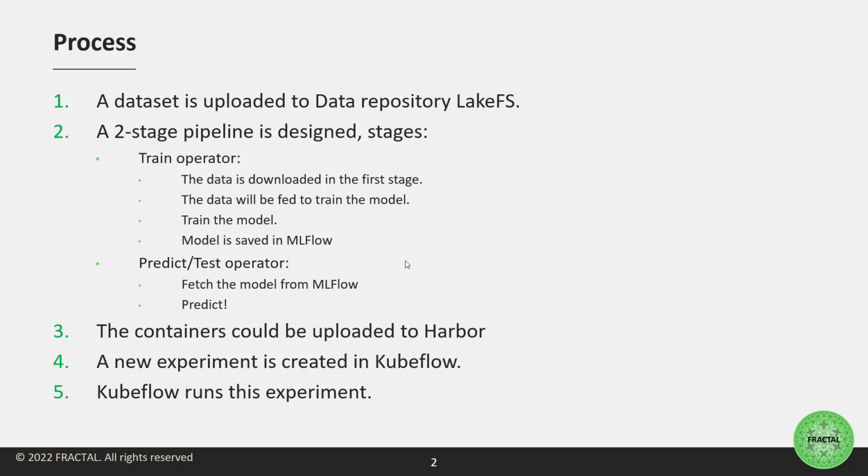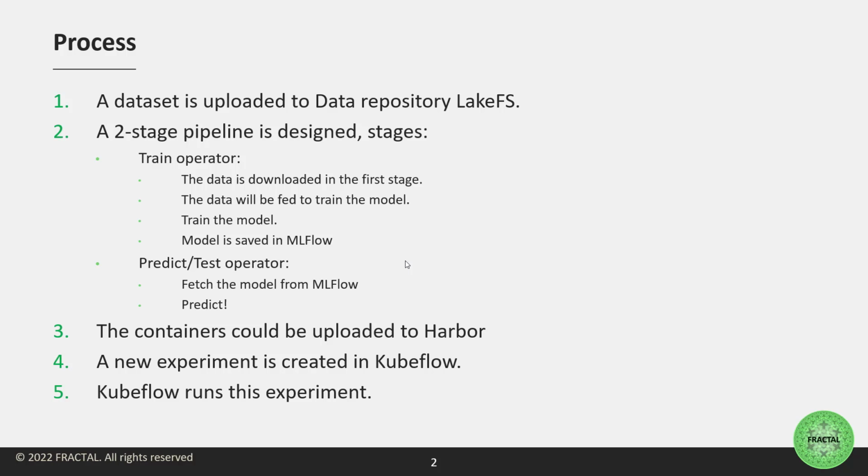Basically, what we want to do is to upload a dataset to a data repository like LakeFS, and then to design a two-stage pipeline. The pipeline is based on two different stages.